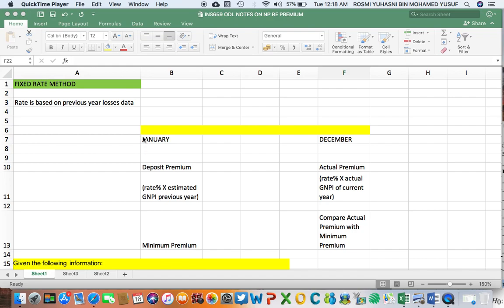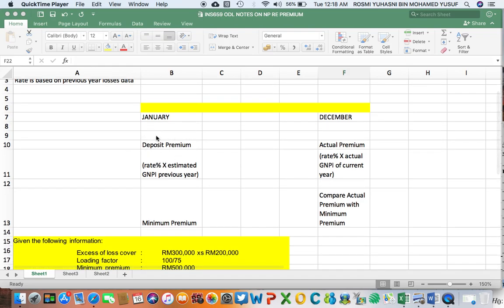At the beginning of the year, on the 1st of January, the insurer is required to place a deposit premium with the reinsurer. So we need to find out how much the deposit premium is.